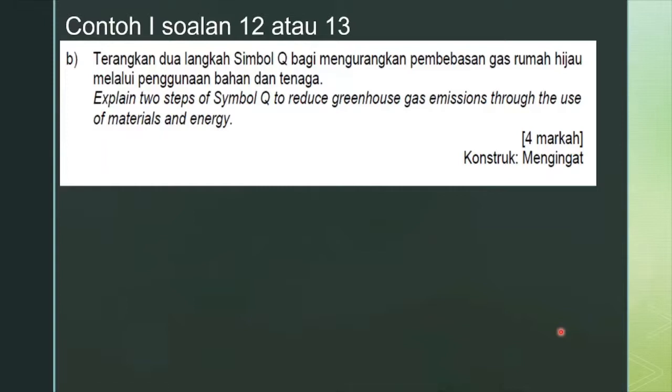Kemudian kita teruskan dengan yang kedua, soalan contoh satu ini, soalan yang kedua dia, iaitu soalan B. Terangkan 2 langkah simbol Q bagi mengurangkan pembebasan gas rumah hijau melalui penggunaan bahan dan tenaga.